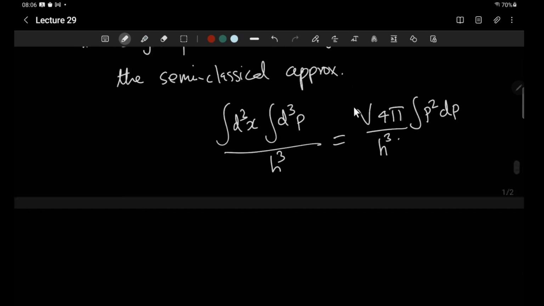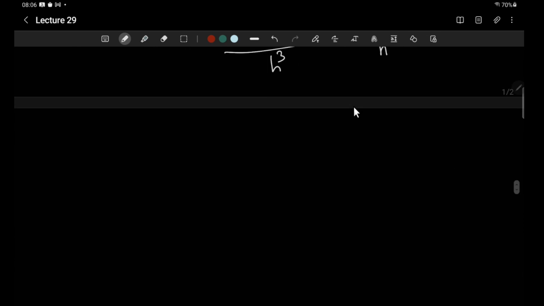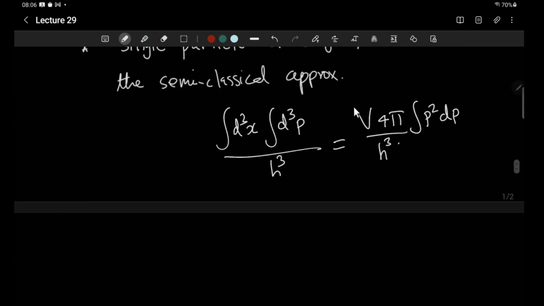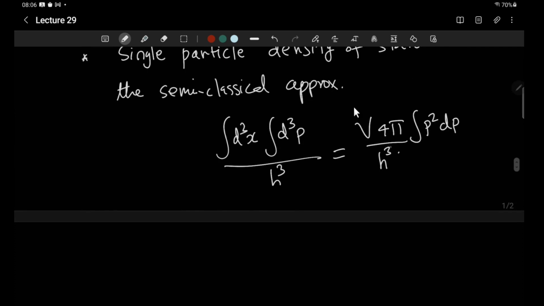So what we will see is that 4 pi V p square upon h cubed is like a rho of p. Of course, from that we can work out what it is in terms of energy. So let's do that also.